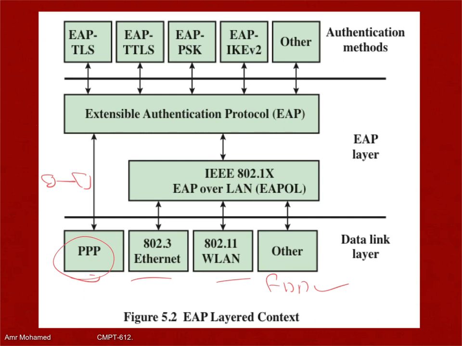For point-to-point protocol, we don't actually need 802.1x. So that's why 802.1x is called EAP over LAN. By LAN here we mean a multi-access network. Okay, because point-to-point is not multi-access.